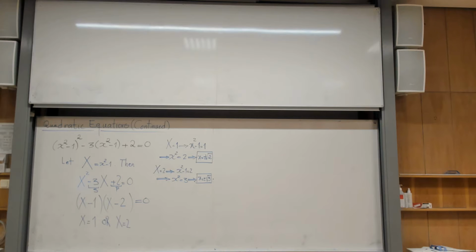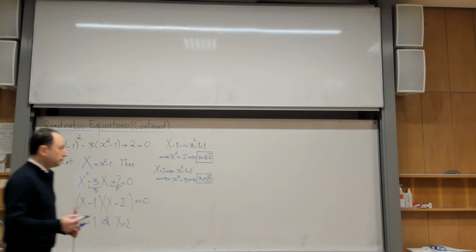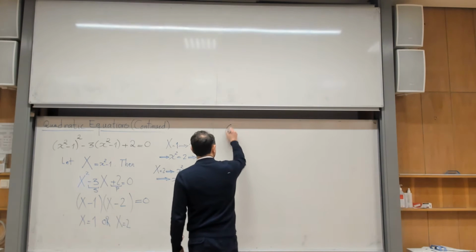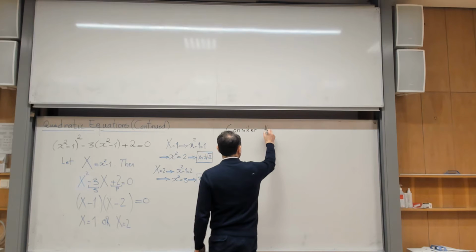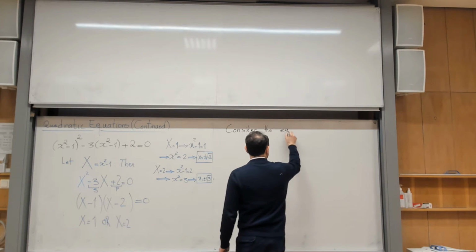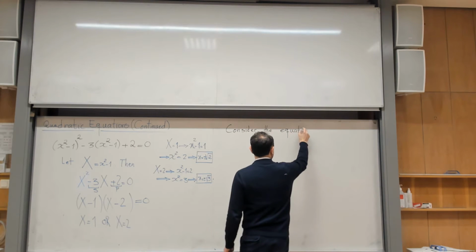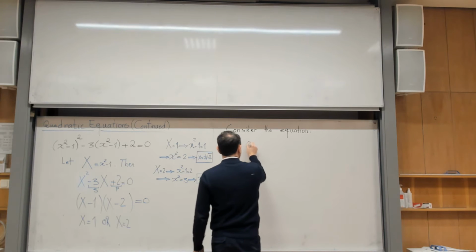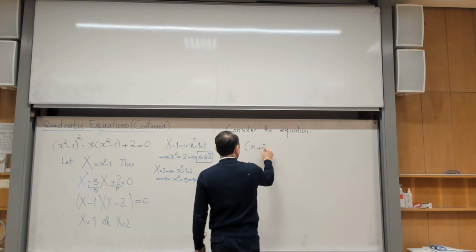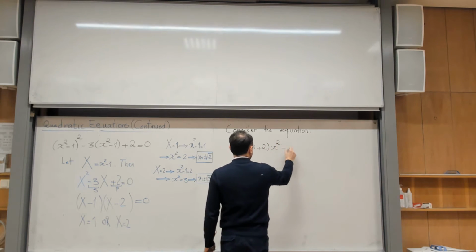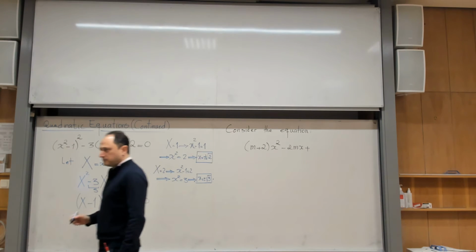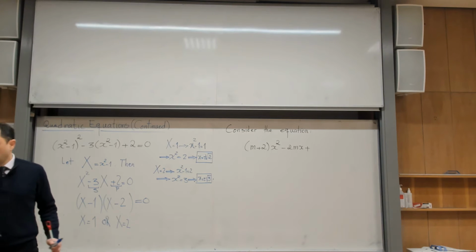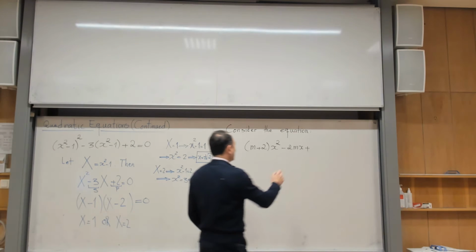So I would say that consider the equation (m plus 2)x squared minus 2mx plus 1 equals 0.